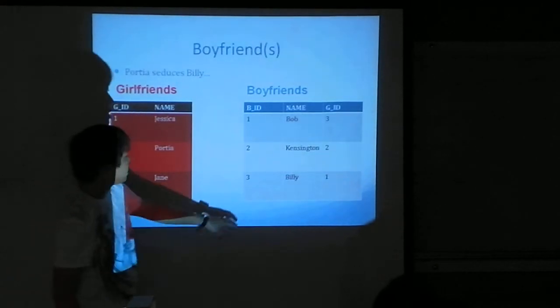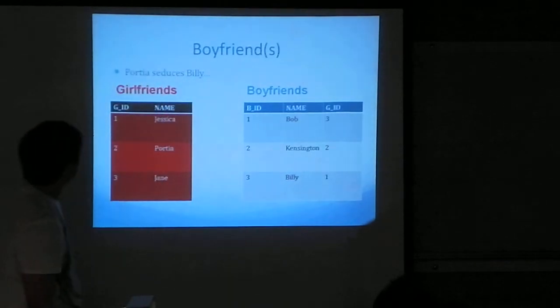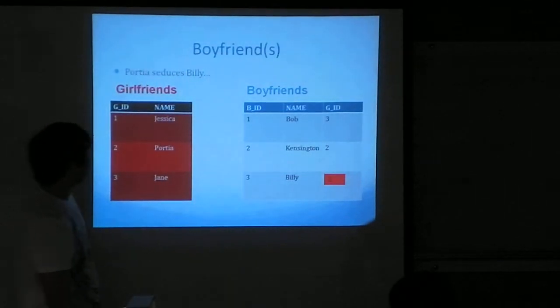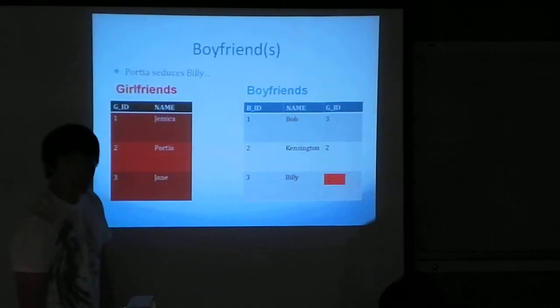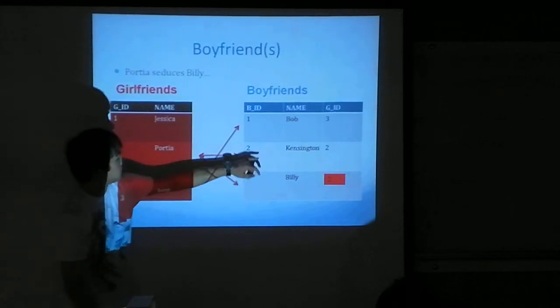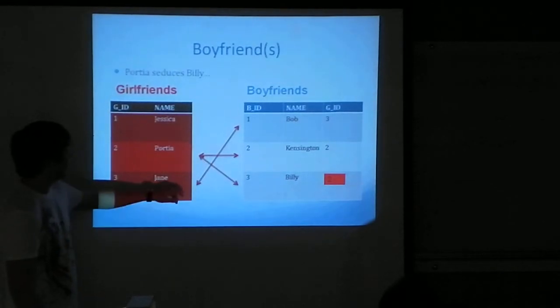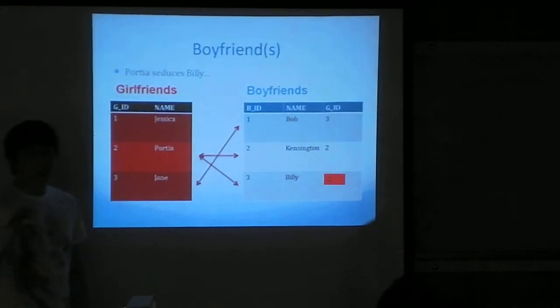What happened was, we see here that Billy had a girlfriend ID of 1, and after Portia seduced him, Billy had a girlfriend ID of 2 to map to Portia. So in the end, the mapping becomes like this, where Portia has 2 boyfriends, Kensington and Billy, and Jessica's kind of left alone. So Jane still has her old boyfriend.